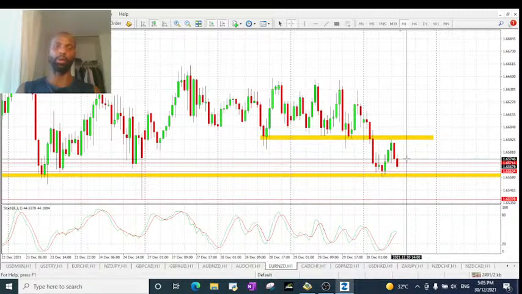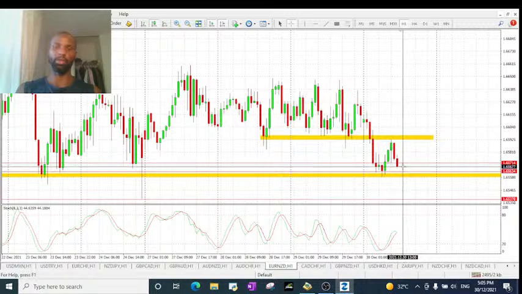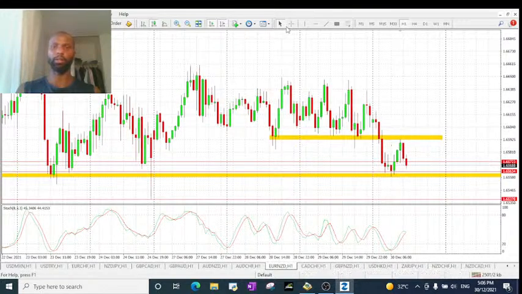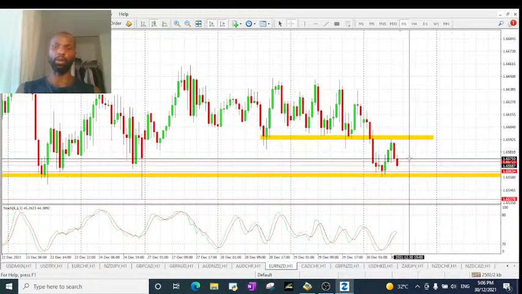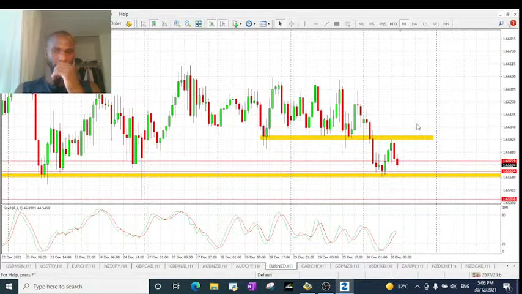I will be paying 2.8 pips in my platform. So taking sells here is not good. Risking 26 pips. If we can pull back all the way to here, then I'm saving myself almost 10 pips. So that will be a good thing to do, just to wait. Wait for a pullback, take the sells.